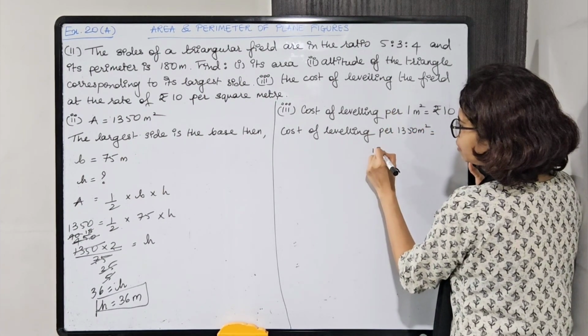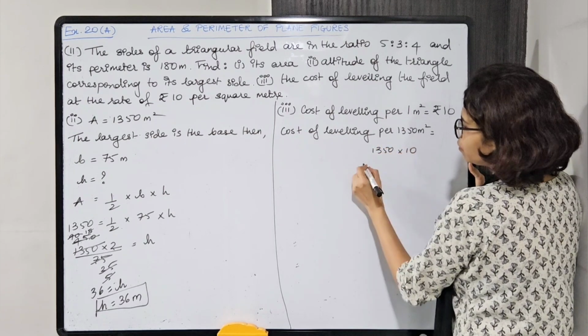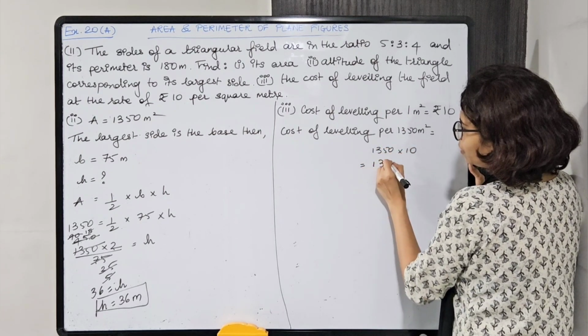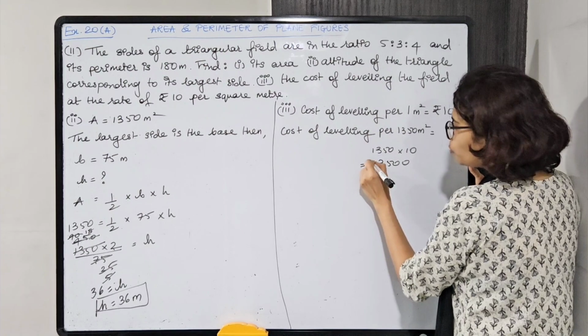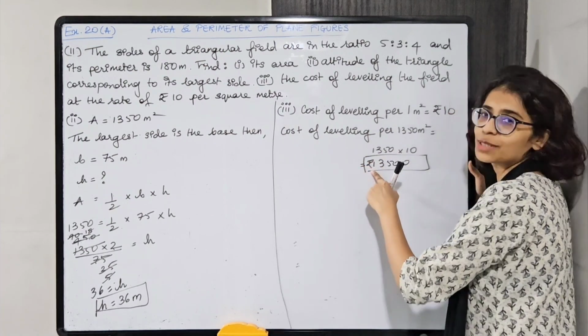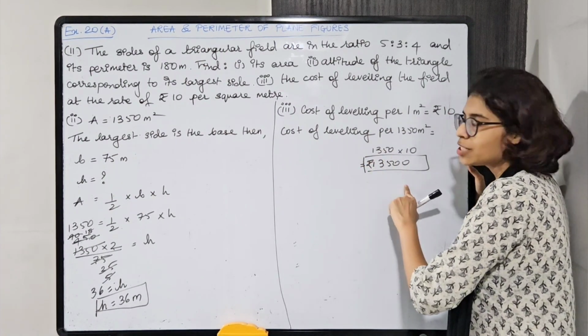So it will be 1350 into 10, which is 13500 rupees. भूलना मत.